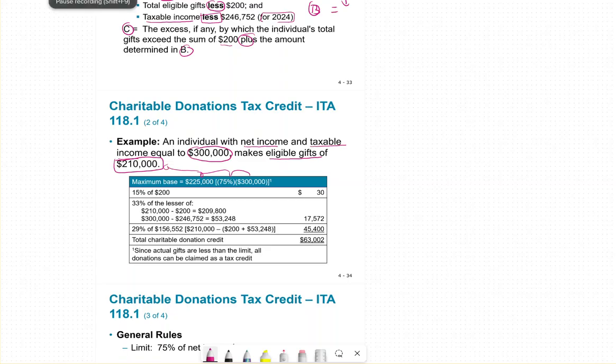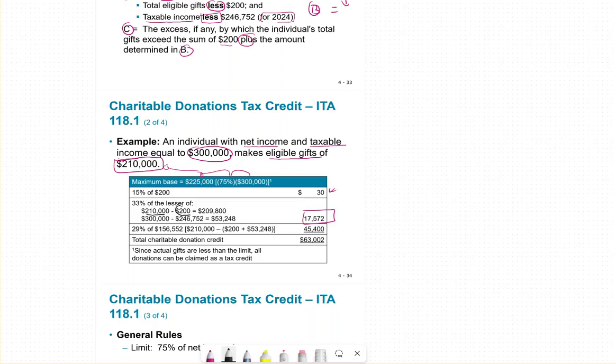So let's work it out. On the first 200 they're going to get a credit of $30. And now my next one is you're going to calculate your B. First you're going to look at the lesser amount and then you multiply by 33% to get your tax credit. The total donation this individual made was 210,000.